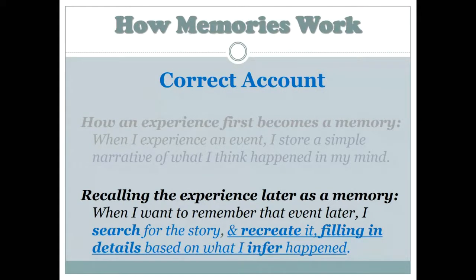You search for the story, recreate it, filling in details based on what you infer or assume happened, what you're inferring right now. So you hear the story I just mentioned about a couple who's been married for years describing their first date, where one looks back and says, I'm sure I was wearing my blue shirt because my blue shirt was my favorite shirt at the time. So on a first date, I would have worn my favorite blue shirt. That's just an inference, right?